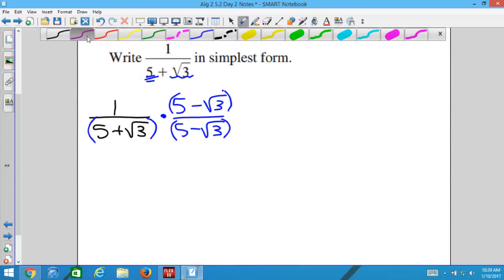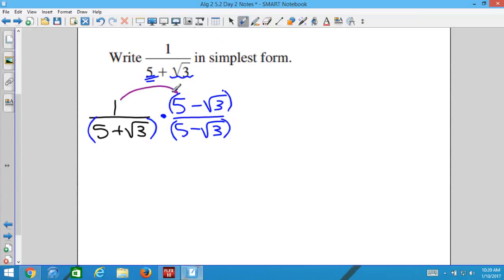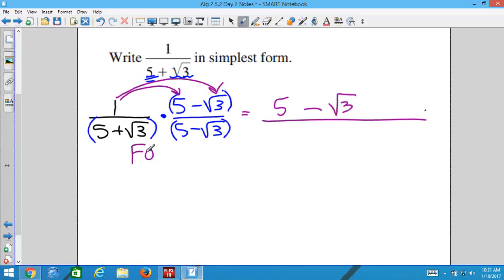So on top, how do I multiply a number times 2 terms? What's that called? Distribution. Distribute. So 1 times 5 is 5, minus 1 times radical 3. On the bottom, how do I multiply 2 terms times 2 terms? FOIL.